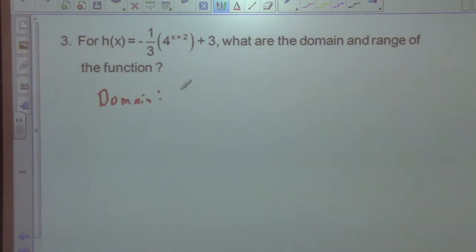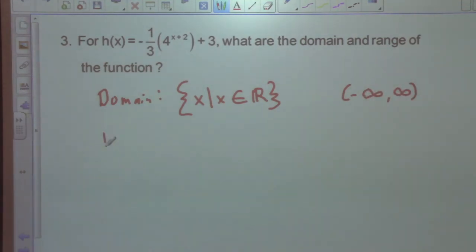So domain is going to be x such that x is all real numbers. Braden has us covered. Then in interval notation, you'd write it like this, right?